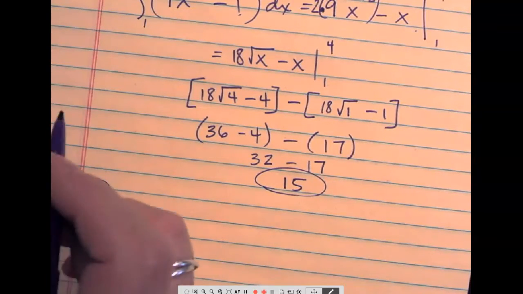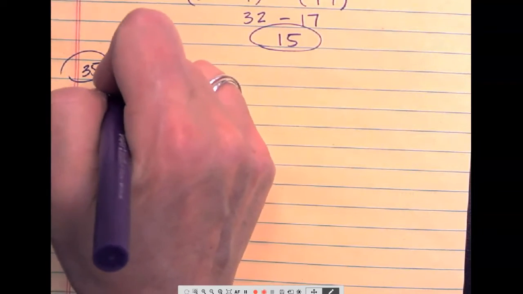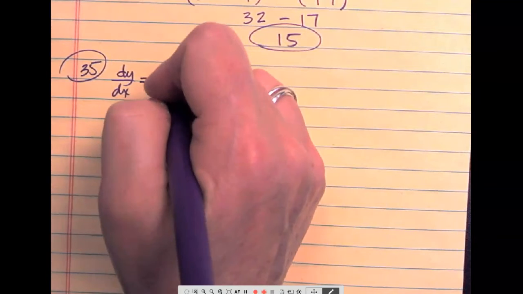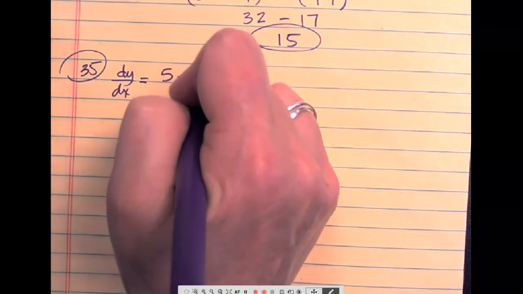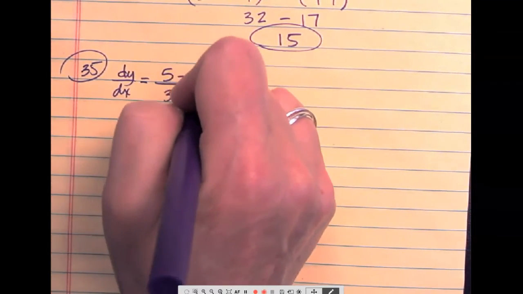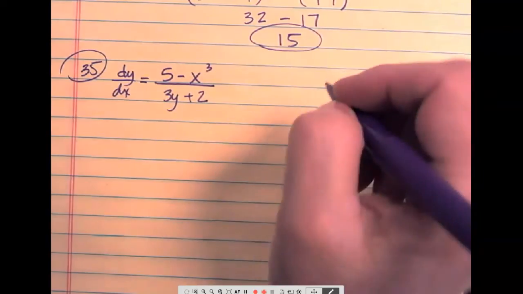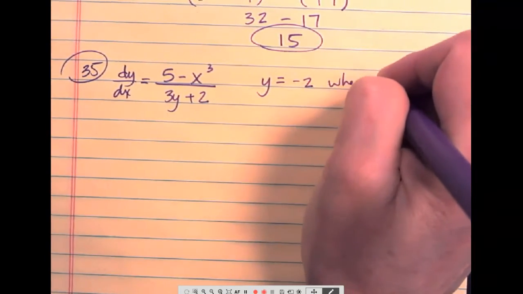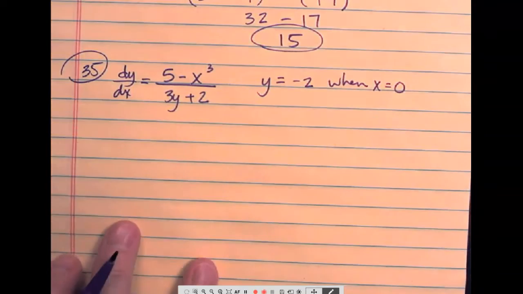Okay, in 35, this kind of ties into those AP exam questions, because you're using separation of variables. That's part of each of those. Okay, y is negative 2 and x is 0.